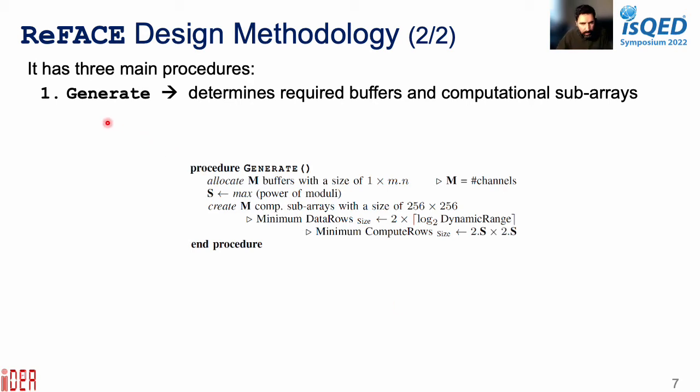Okay, so the first procedure is generate. The generate module determines the required buffer and computational subarray. It uses the number of moduli, uppercase M, and the values of moduli, lowercase n, to determine the size of both the global buffer and computational subarray.